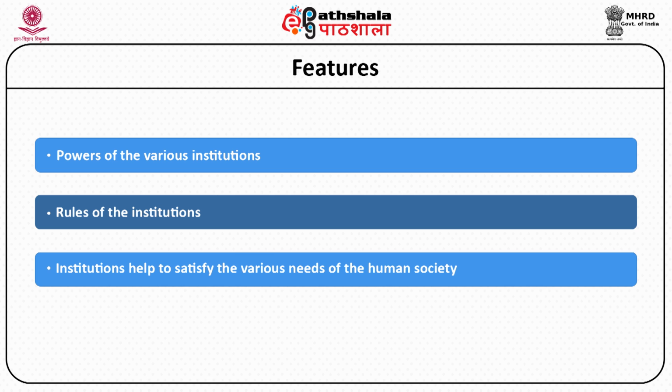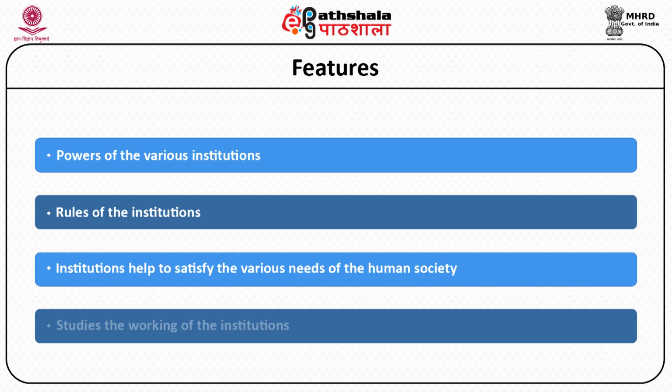Because the institutions are very, very important in fulfilling the interests of the people whom they protect, for whom they frame laws, for whom they run the political system efficiently, the institutions become larger than life, very important, very crucial for the political system. So, the institutional approach studies the working of all these institutions.